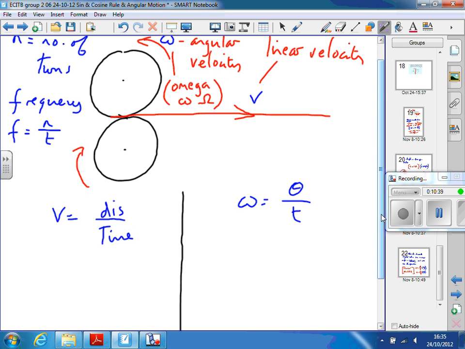So with that in mind and looking at this, I'm going to come up with an expression for the linear velocity of this thing, which is distance over time, down the left-hand side, so here. And then on the right-hand side, I'm going to talk about the angular velocity, which is the angle divided by time. But the angle is measured in radians, always measured in radians.